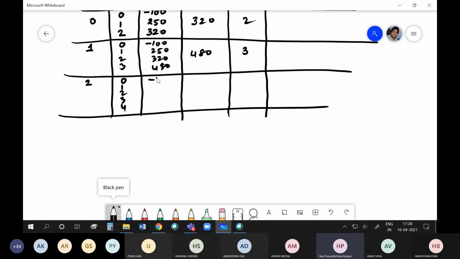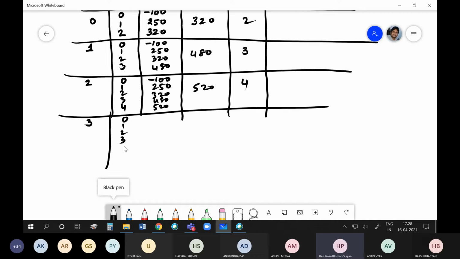So this is minus 100, 250, 320, 480, and again I have 520. So you release 4 units so that you get a benefit of 520. So this is 4.